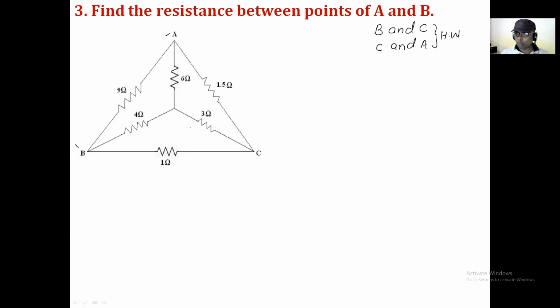Our main motto behind the conversion is that the circuit must be simplified, and to that simplified circuit we can easily apply the series and parallel circuit rule. This is the main motto behind the conversion here. Get my point?